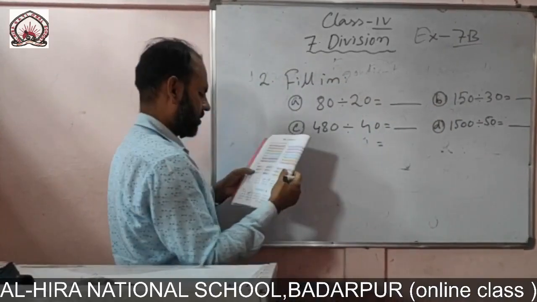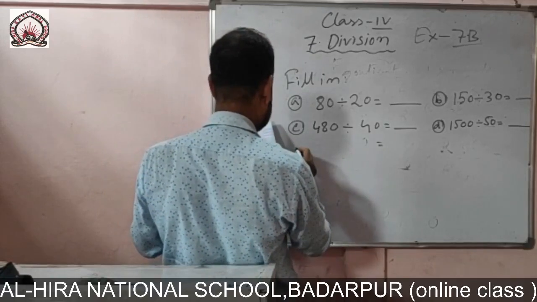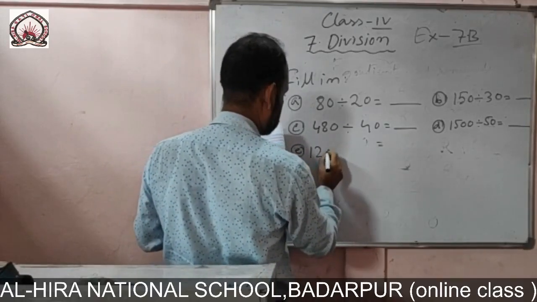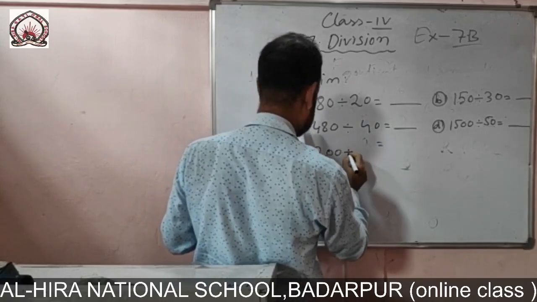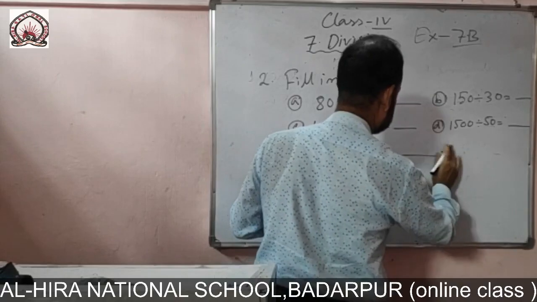Next, E, 1200 divide 200 is equal to dash.